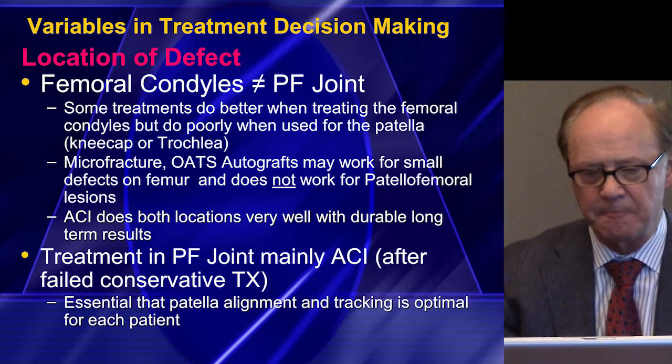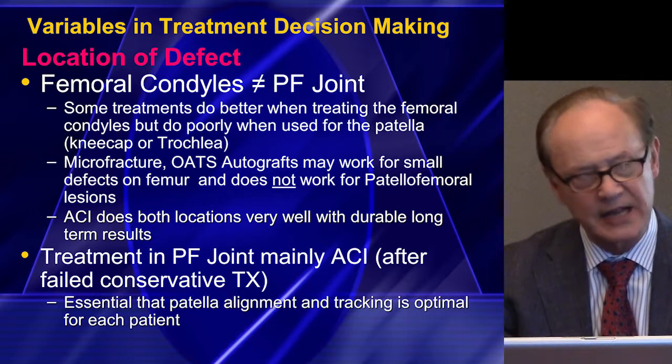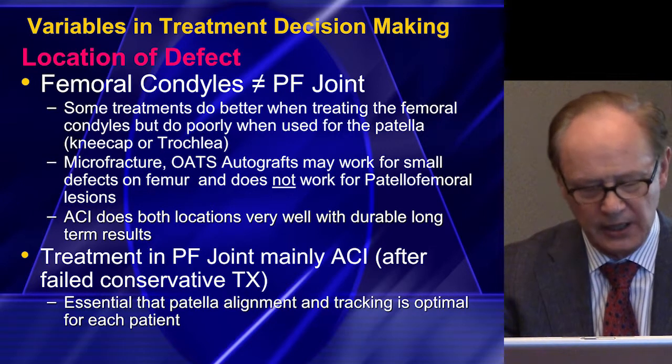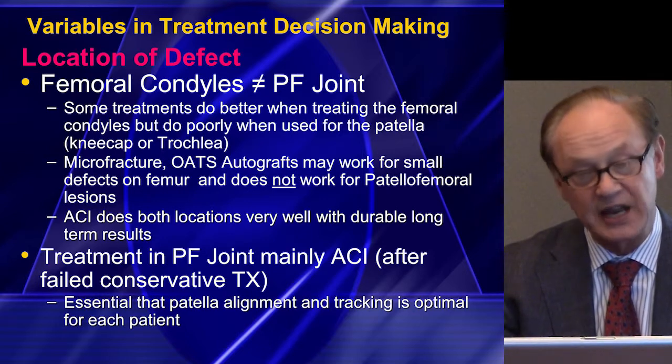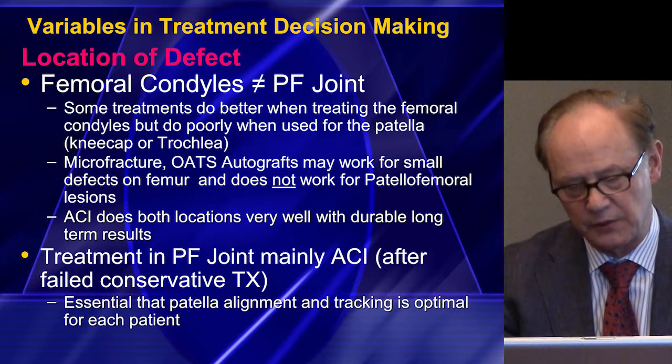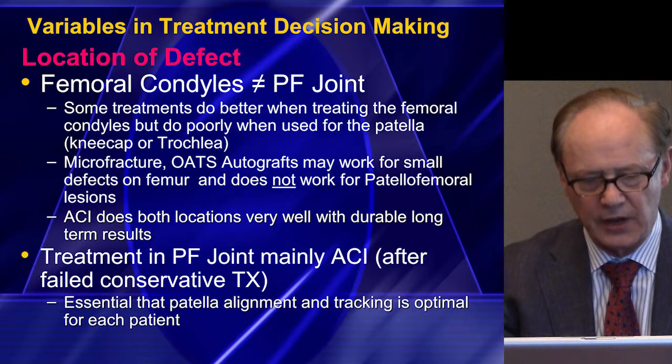And particularly for the ones underneath the kneecap and the trochlea, many of the techniques such as microfracture and debridement don't seem to work in that location. Fortunately, the cells are very, very good for below the kneecap or the trochlea and have 80% plus good and excellent results for those locations.